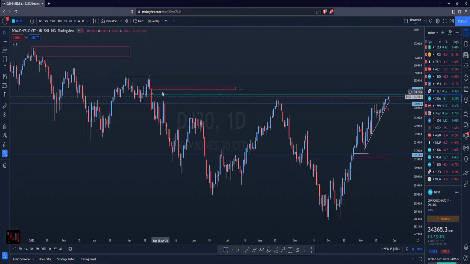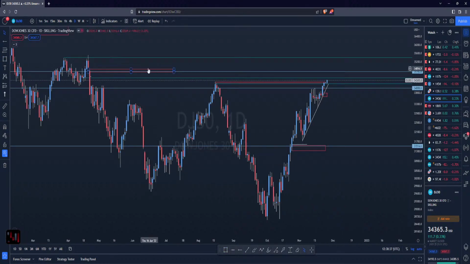Let's see where the other indices are going to be by the time this one gets there. Next week we have PCE inflation on Thursday, which is the inflation report that the Fed looks at. The one that he pays more attention to is the PCE, not exactly the CPI.